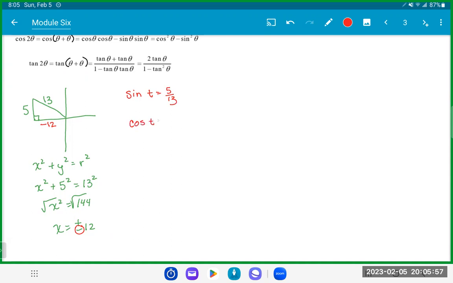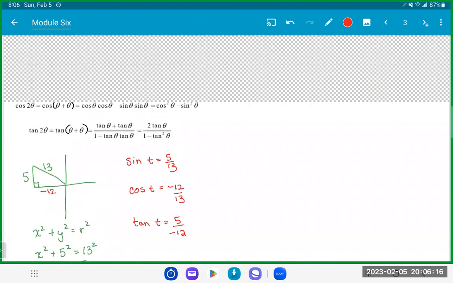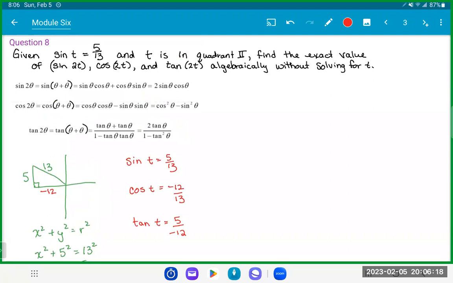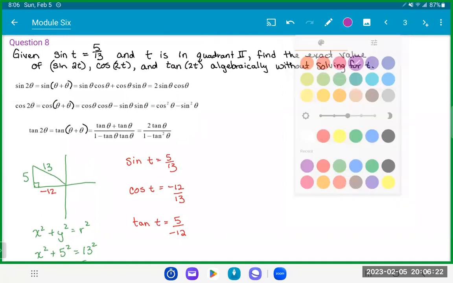Our cosine of t is the adjacent over the hypotenuse, so that's going to be negative 12/13. And then our tangent of t is equal to our opposite over our adjacent. Okay, so now that we have these three values, it doesn't matter which of these three functions we're looking at, we can easily and quickly substitute it in.